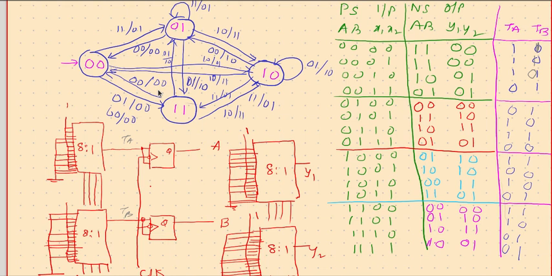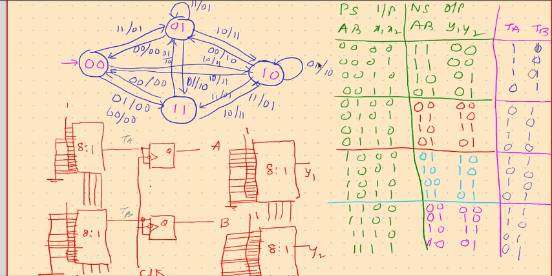Done. Now the question is, in real-time problems, the inputs are not one or two. There may be a lot more inputs available. When more inputs are available, for every combination we should keep writing this, and that's going to be a big problem.